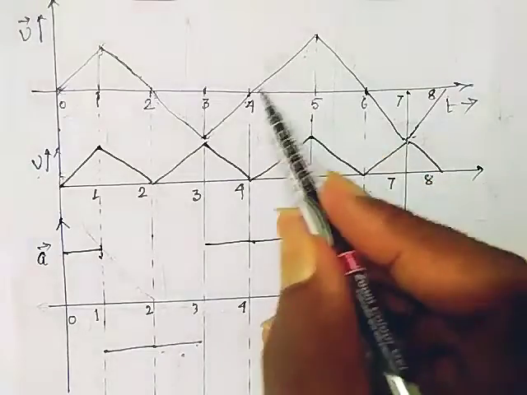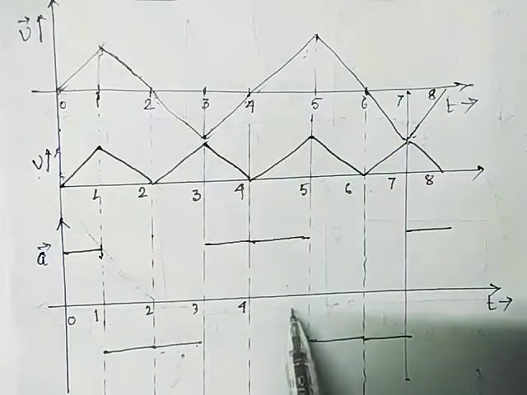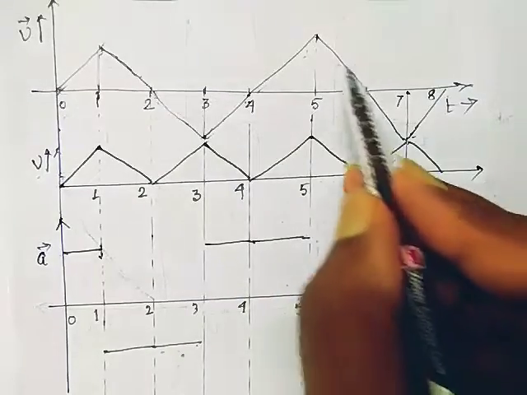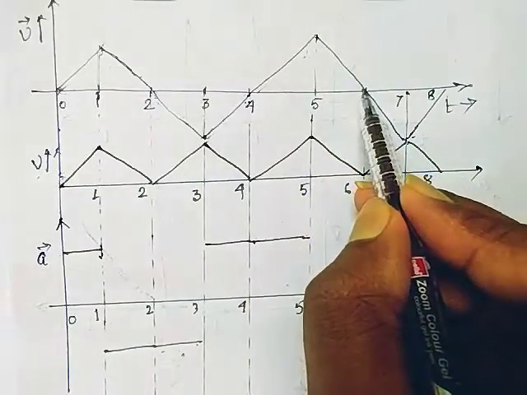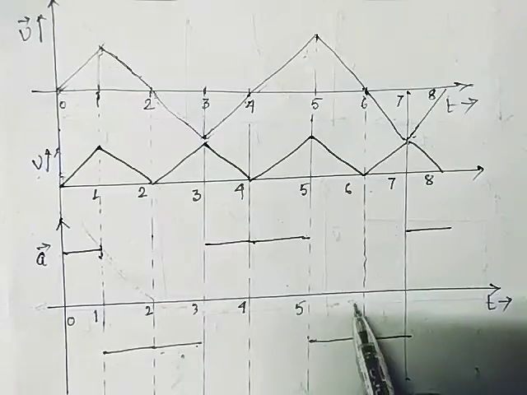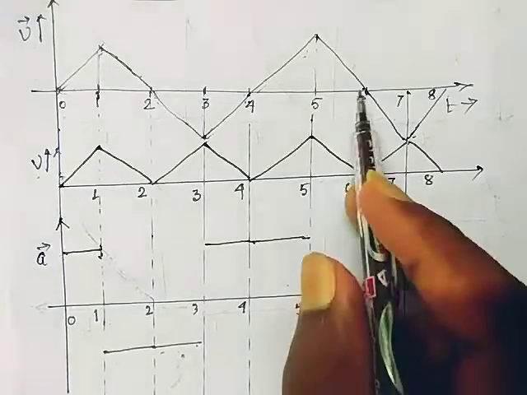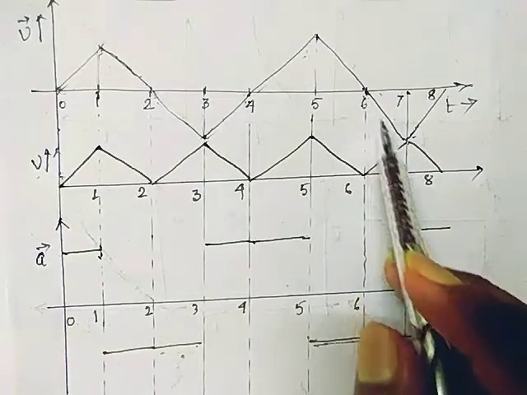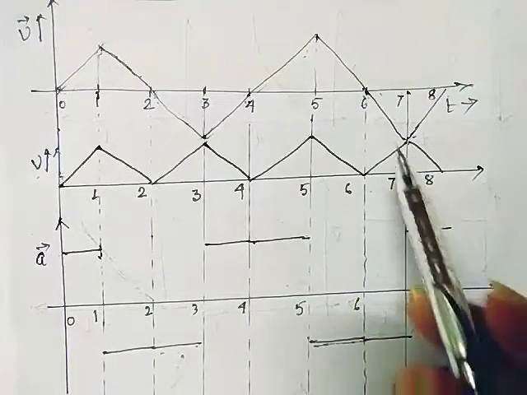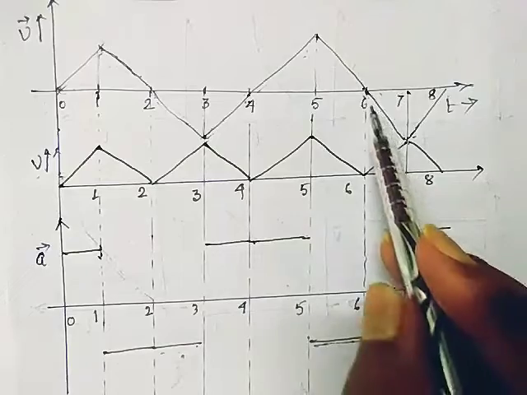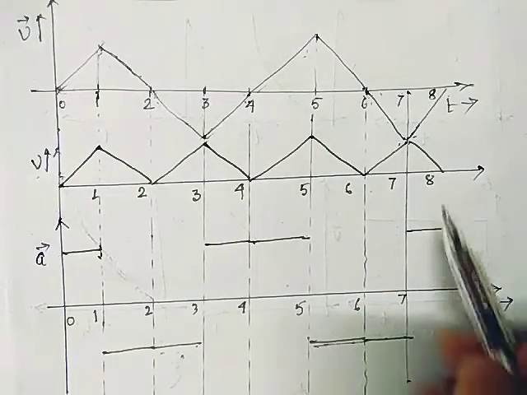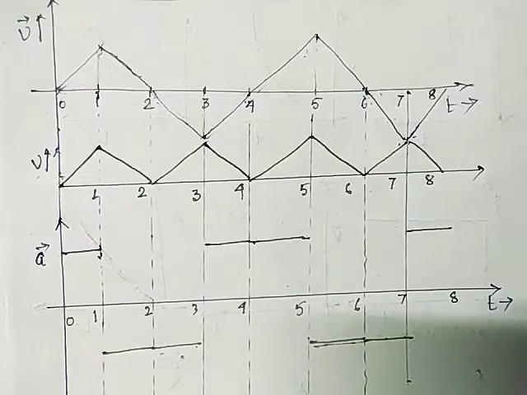The slope is positive and constant from 4 to 5, and from 5 to 6 it is negative, obviously constant, so it will be a straight line here. From 6 to 7 it is again negative, the slope is negative but constant, and up to 8 it is like this.